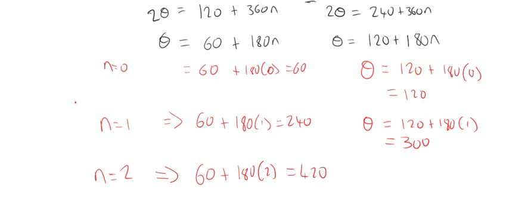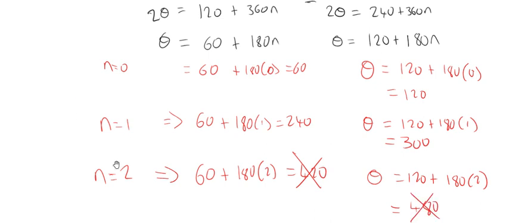So that would be a solution, but because it's in the question that theta is between 0 and 360, well, it can't count, and then it's not going to count over here either. So theta equals 120 plus 180 times 2. So 180 times 2 is 360 plus 120 is 480. So that can't count either.